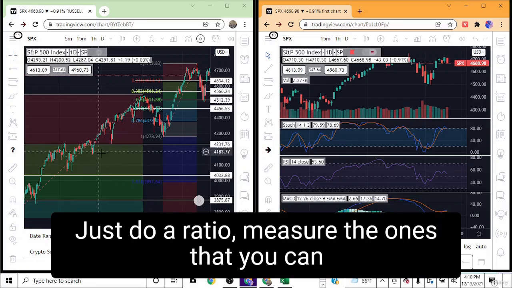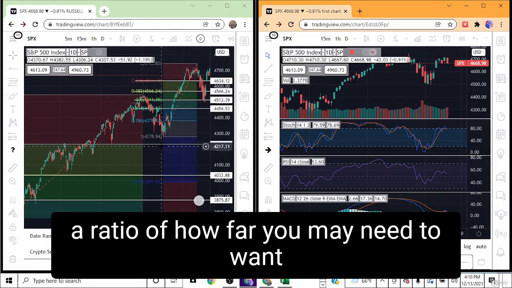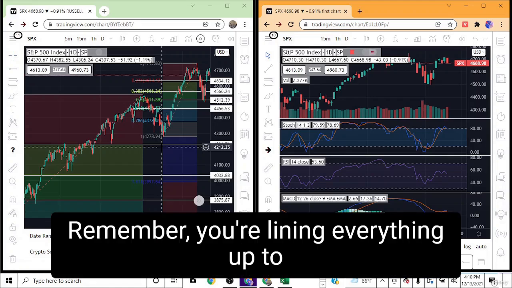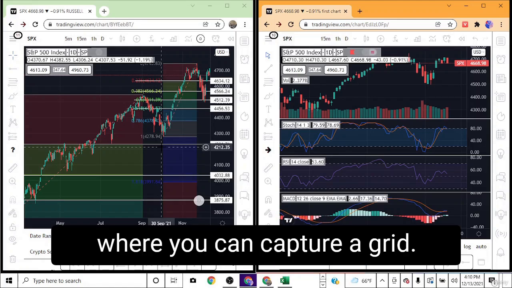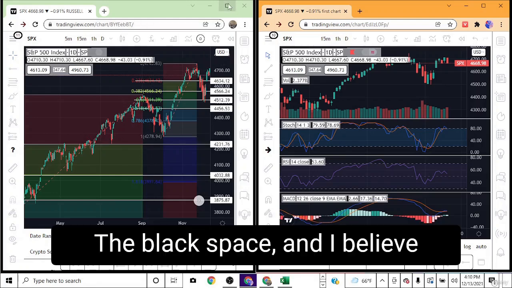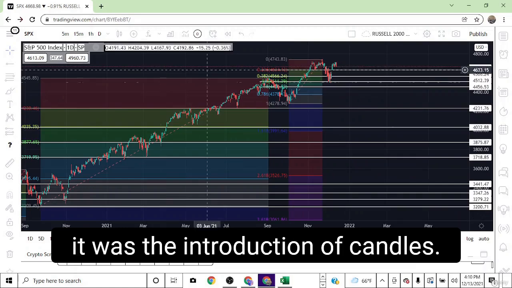Just do a ratio: measure the ones that you can in each line, and then divide them. It'll give you a ratio of how far you may want to put this, because remember, you're lining everything up to where you can capture a grid. A grid is basically what I talked about, the black space in it, and I believe it was the introduction of candles.